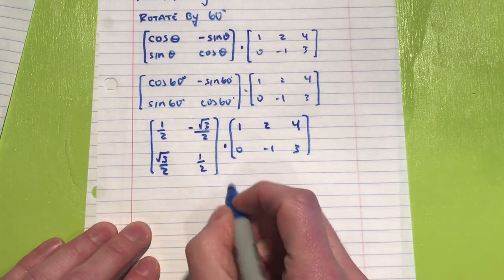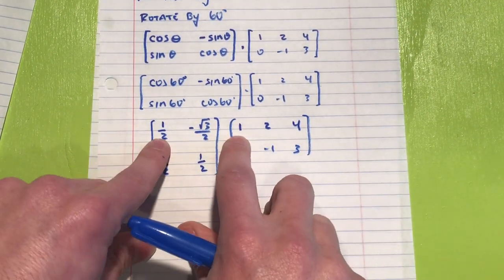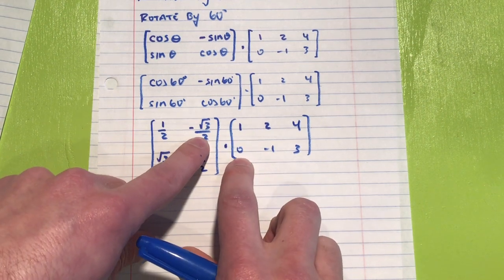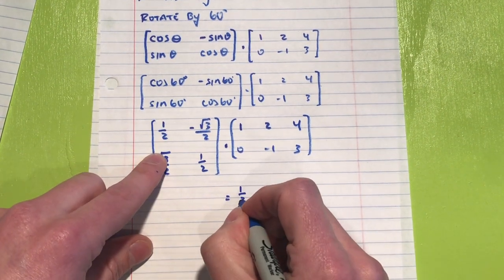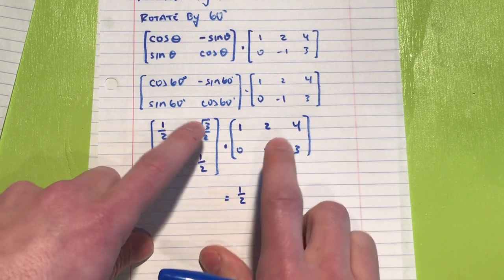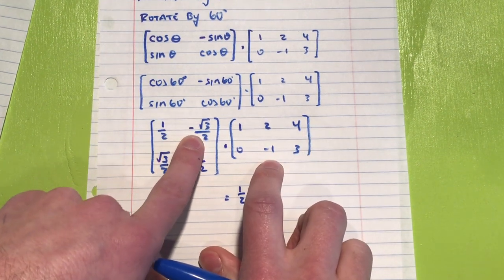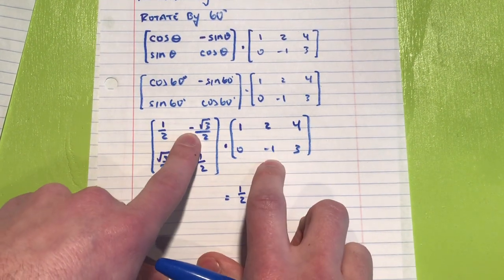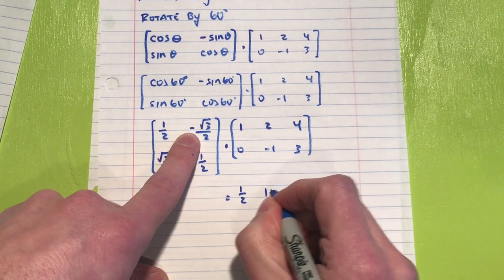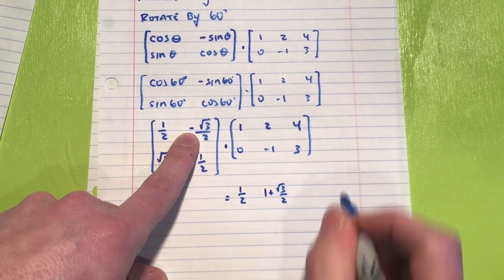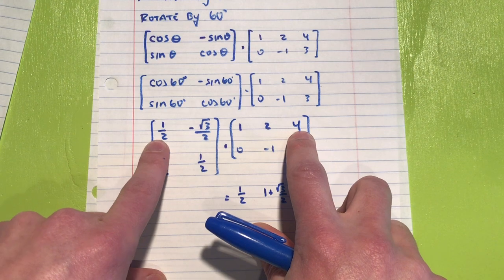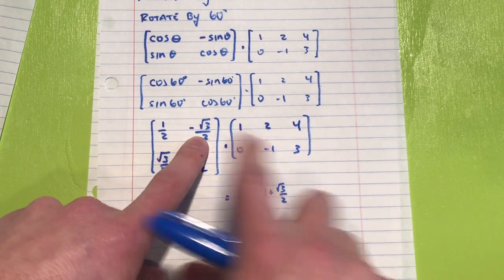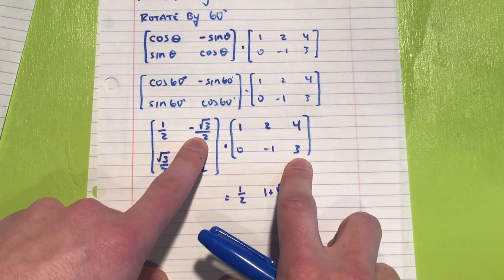Doing the multiplication, 1 times 1/2 plus 0. 2 times 1/2 plus negative 1 times negative root 3 over 2, that's 1 plus root 3 over 2. 4 times 1/2 is 2 plus or minus 3 root 3 over 2.